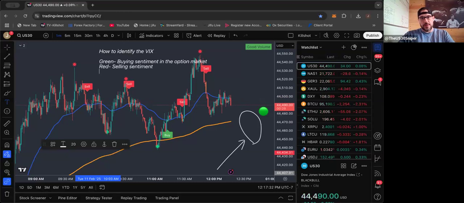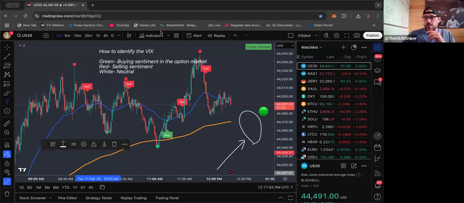If it's white, that's neutral, which means it doesn't really have any buying or selling.